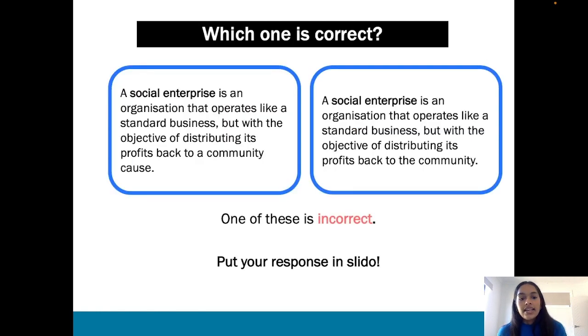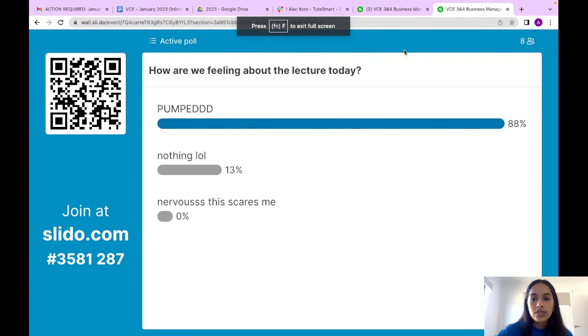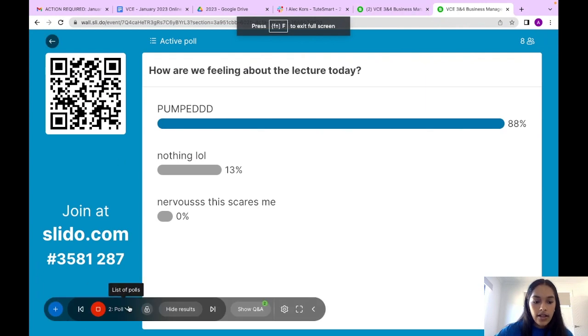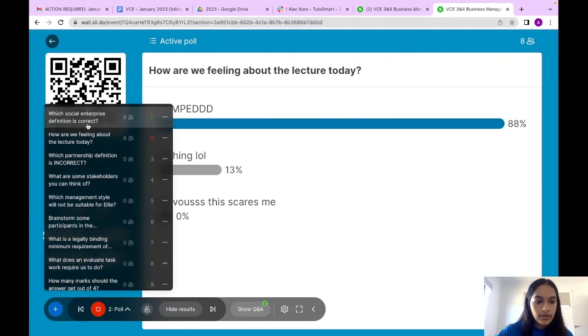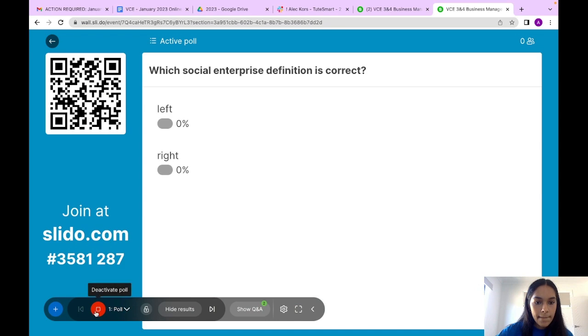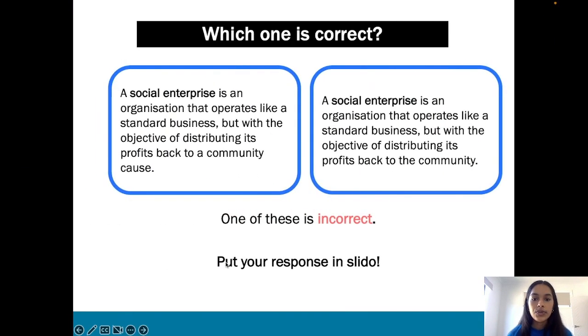All right, which of these are correct? So have a read of both of those options and put your response in Slido. I'll make the poll available. I'll go back to the slide.